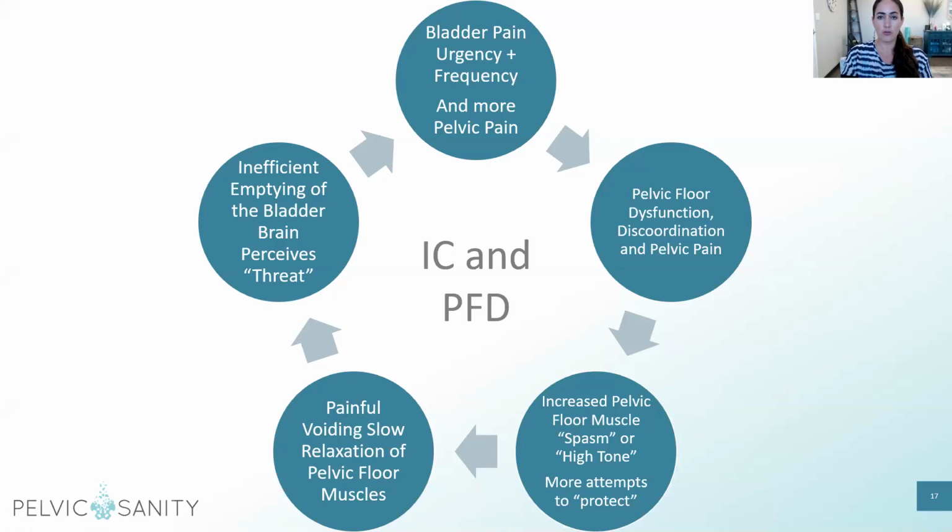It can start out super slow, almost imperceptible to you, but it can start. And then you have this painful voiding and slow relaxation of the pelvic floor muscles. And then you potentially don't fully empty your bladder.